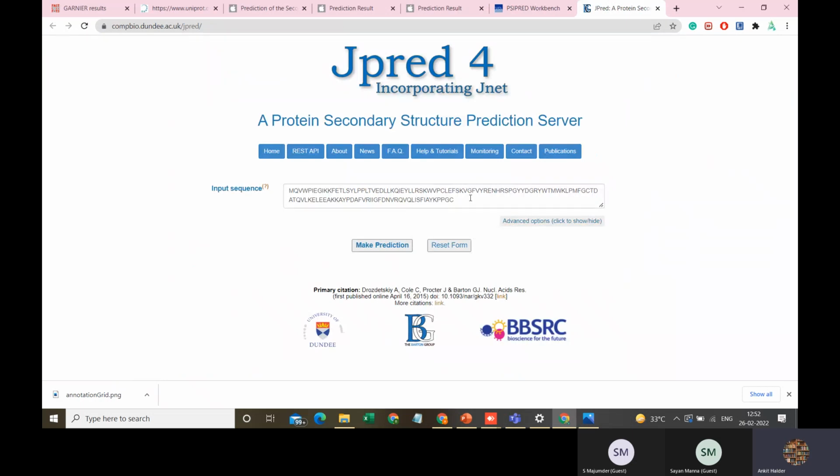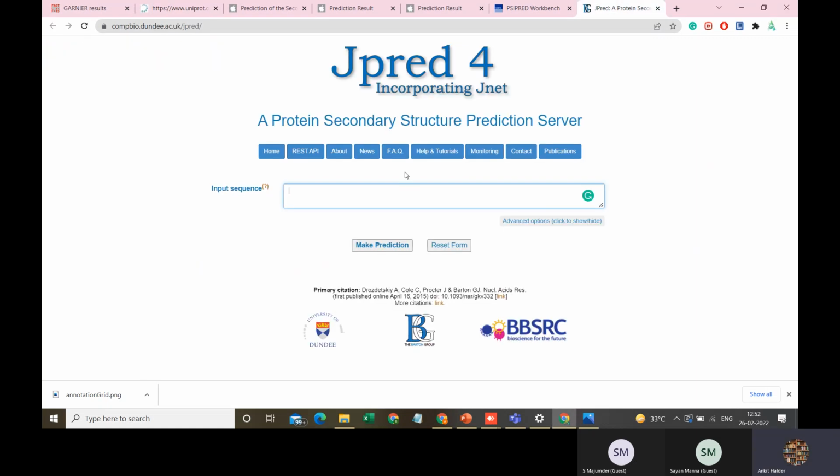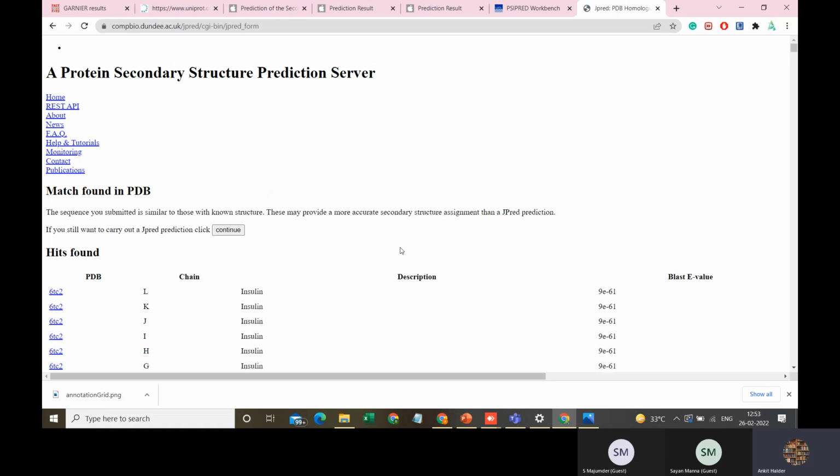This is also a secondary structure prediction server, where you need to paste the sequence and make a prediction. It will first perform homology modeling.